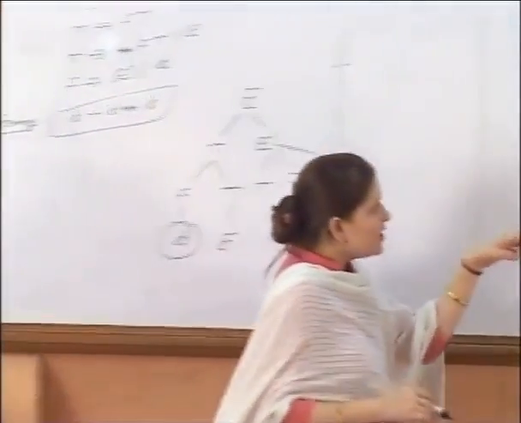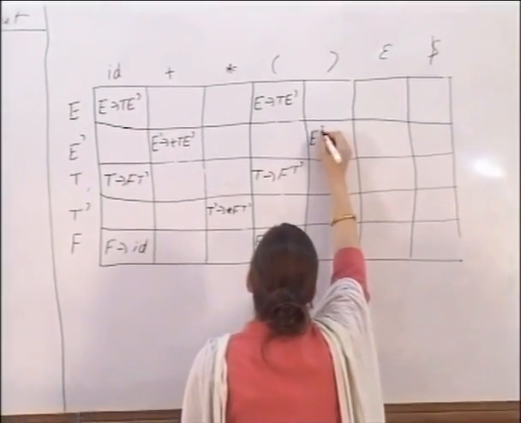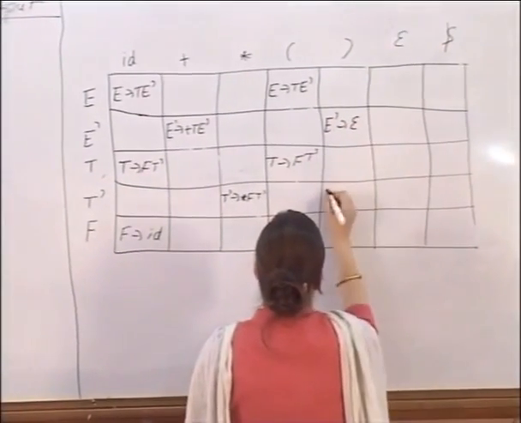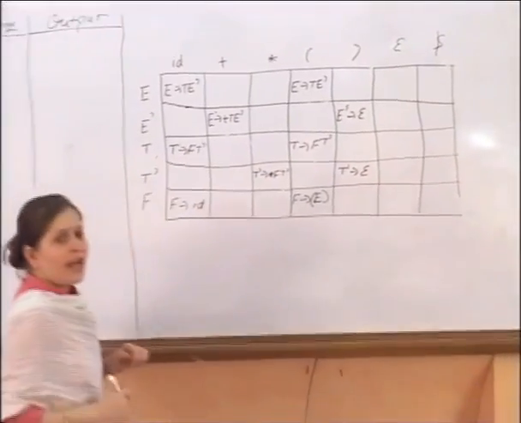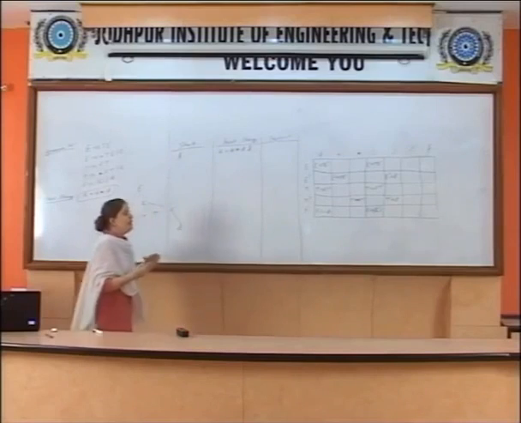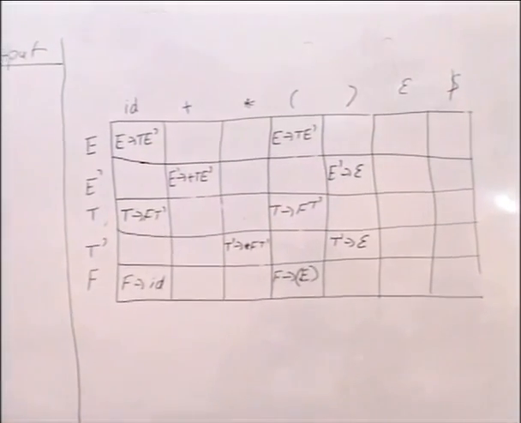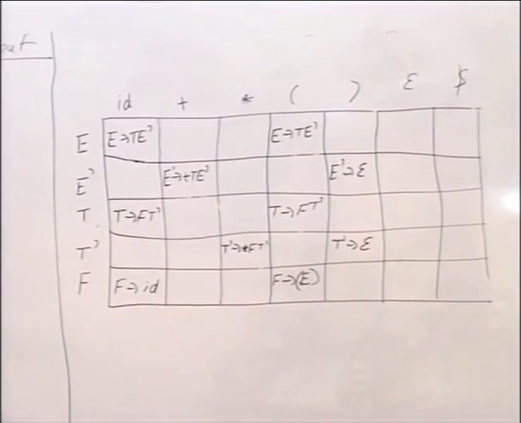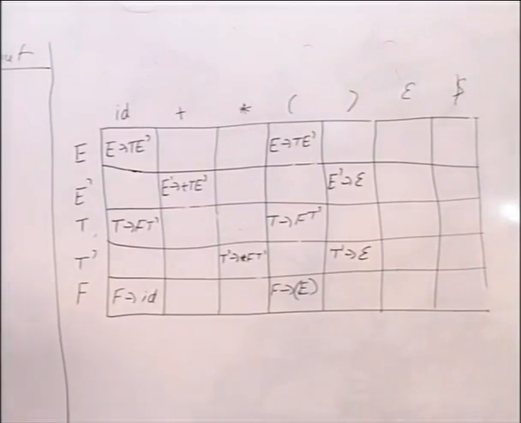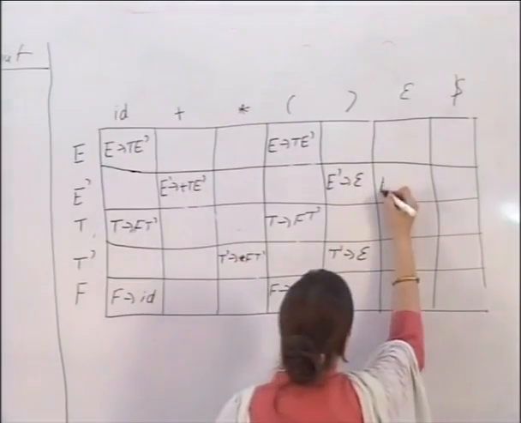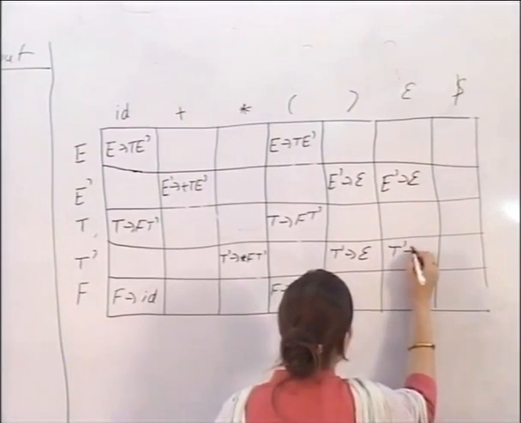So for this closing parenthesis, we will have two productions: one is E dash to null and another T dash to null. And when we have scanned our sub expression and we don't have any value, that means our next terminal symbol is a null value. For this null value, we have the remaining productions as the same ones, that is E dash null and T dash null.